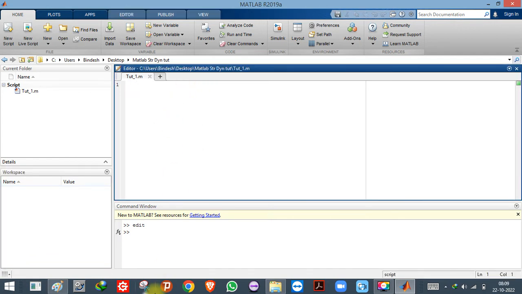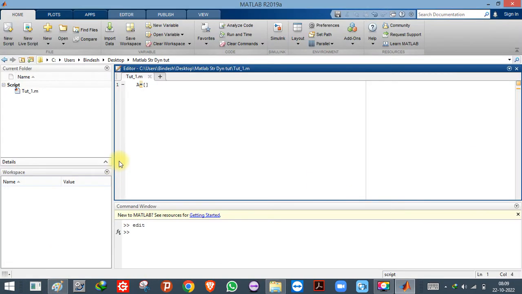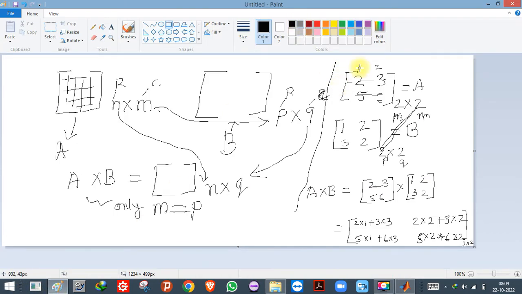Now let us start. I have assigned matrix A. I'll write A equal to, and always write the matrix in square brackets. What is the matrix I have written over here? It is 2 3 5 6. So 2 space 3, and now I need to go to the second row.